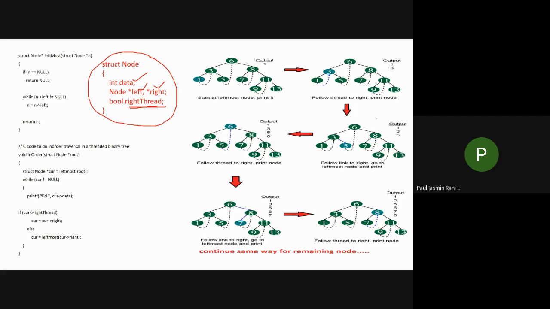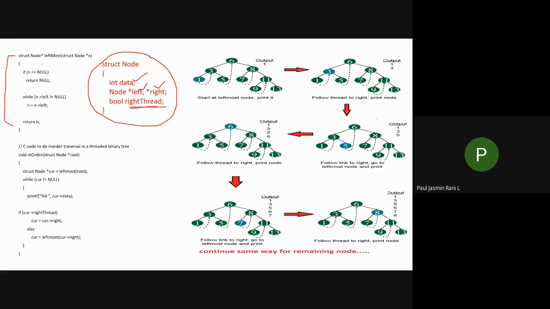Okay. Let us consider this example. In this example, I am going to perform a traversal of your threaded binary tree. Let's see how you can perform a traversal here. Before entering into the traversal, let us look at this coding part.